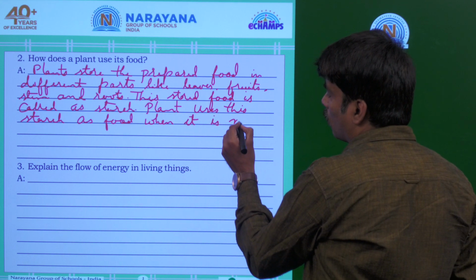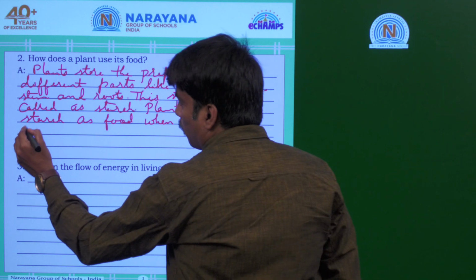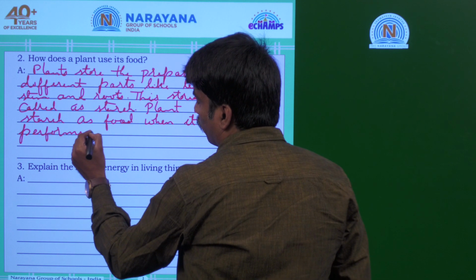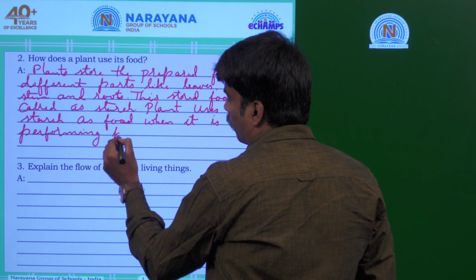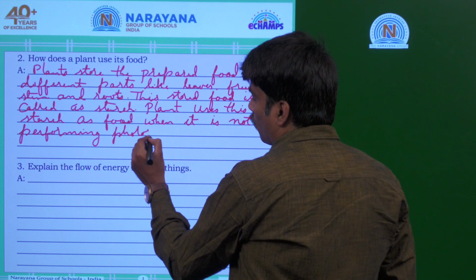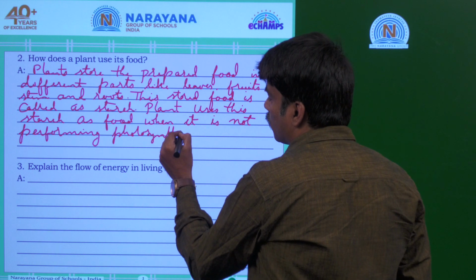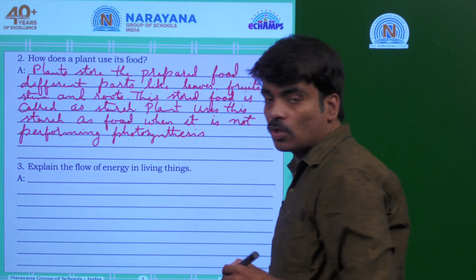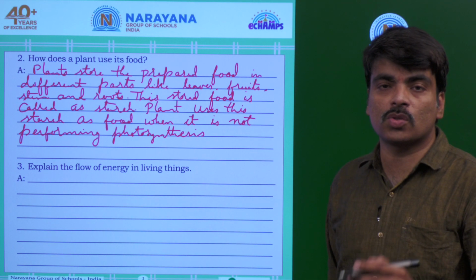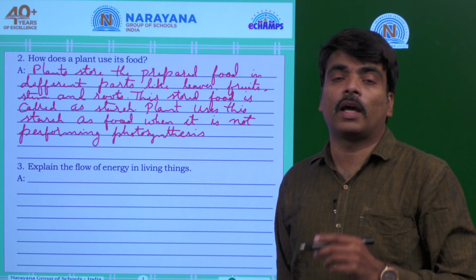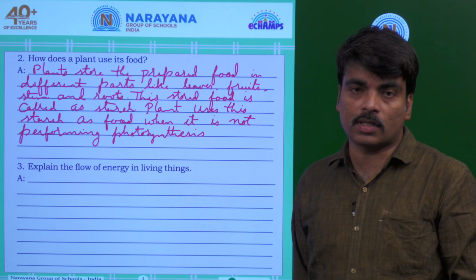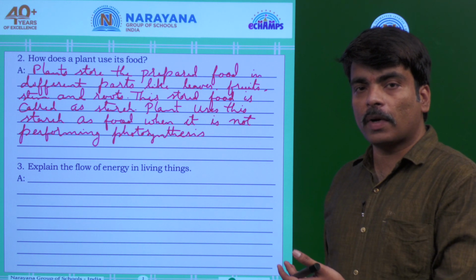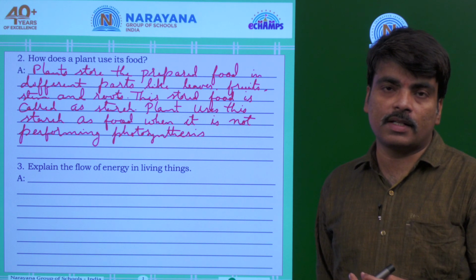Do you know when photosynthesis is not performed by the plant? When there is no sunlight, that is during night. At night, the plant cannot perform photosynthesis, so during night also it requires food. So that stored food in different parts is utilized by the plant as its food.